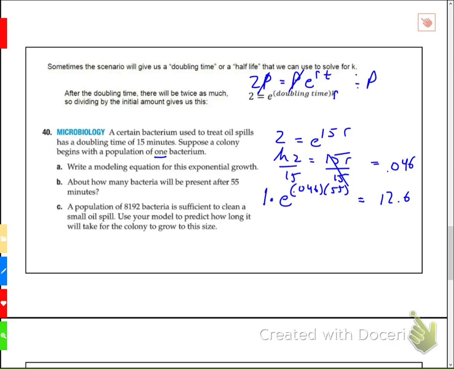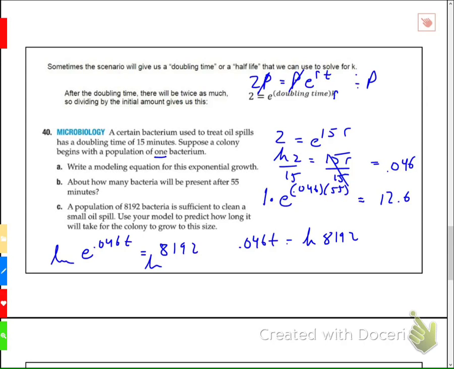Okay, we were just evaluating. The interesting part here comes: how long is it going to take to get this many bacteria? I've got e to the 0.046 T equals this large number of bacteria to clear up an oil spill. I take the ln of both sides. Gives me 0.046 T equals ln of 8192.